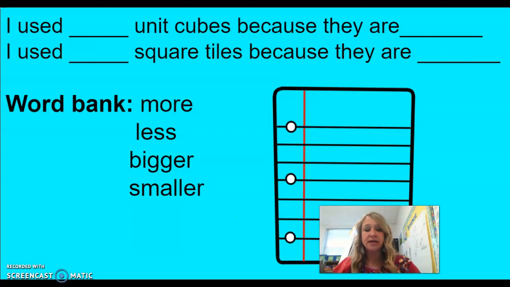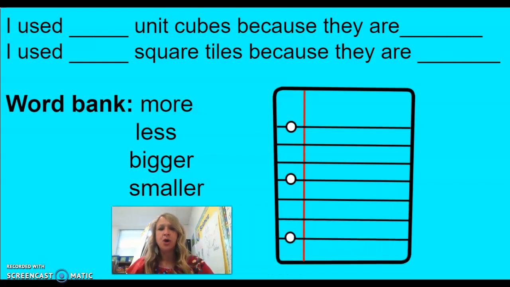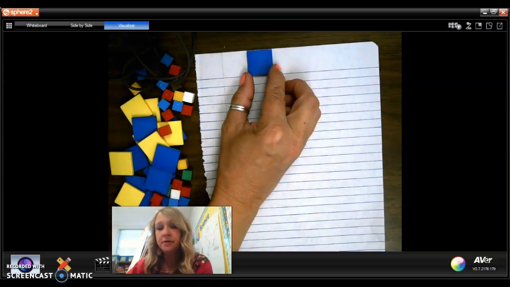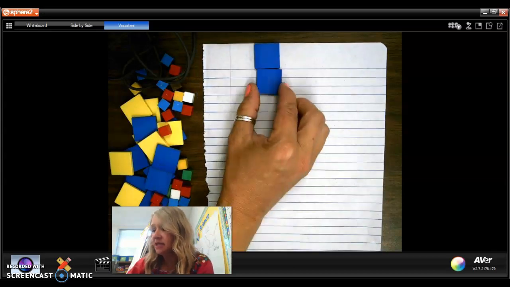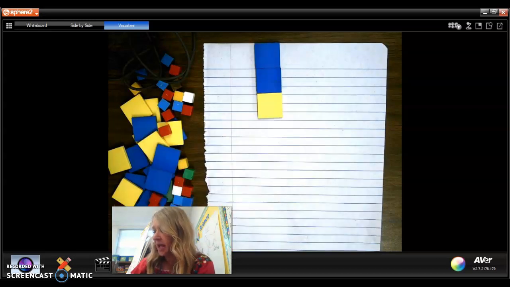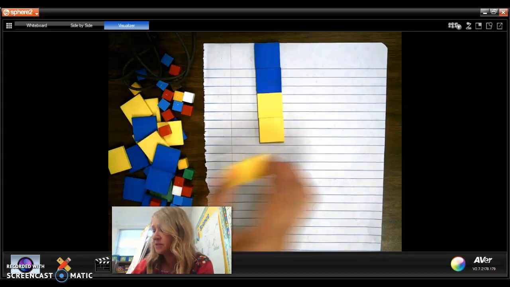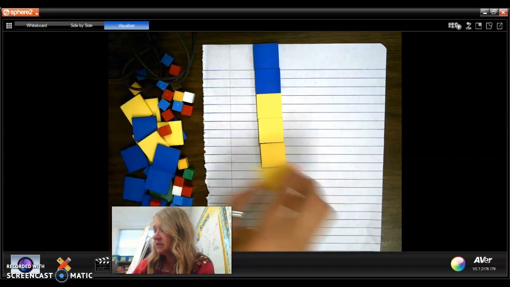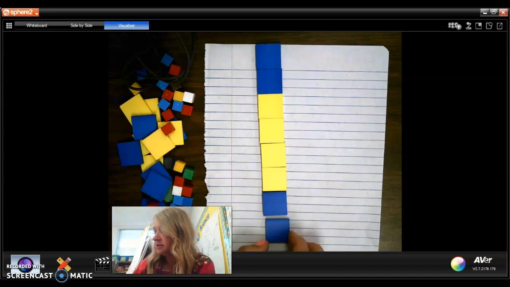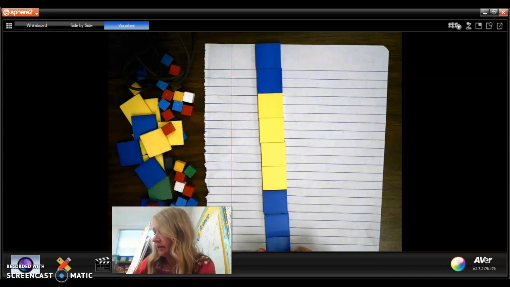All right, so today I'm going to measure a piece of paper with my unit cubes and my square tiles. I'm going to start at the top of my paper, and I'm going to lay the tiles end to end, touching, no gaps, no overlaps, in a nice, straight square tile line.